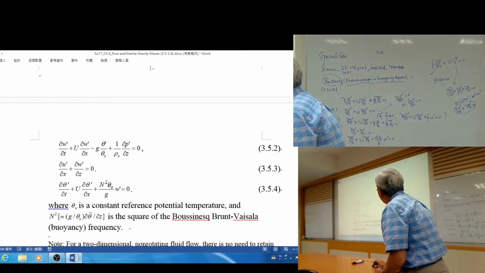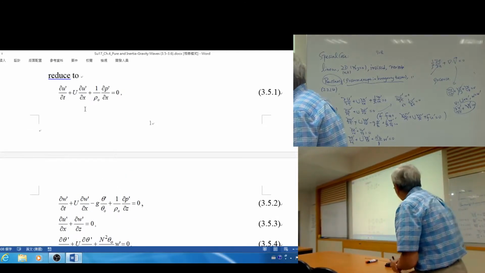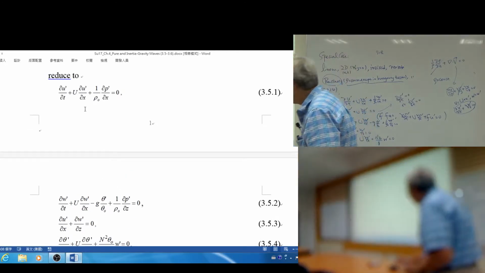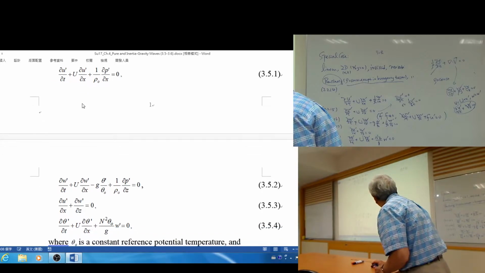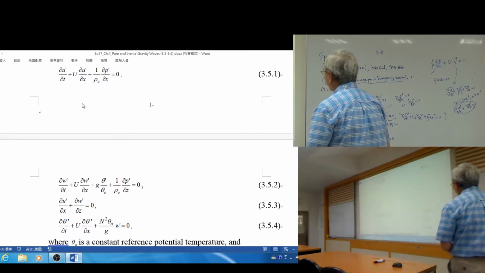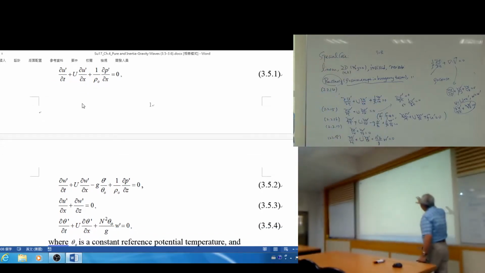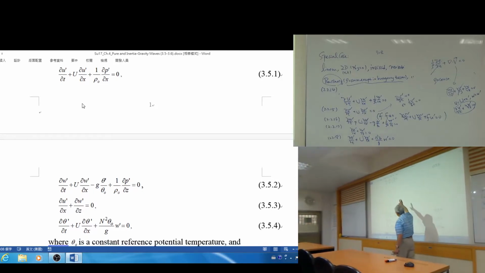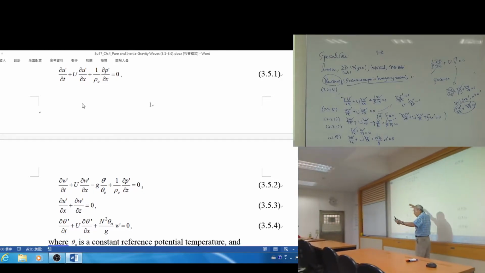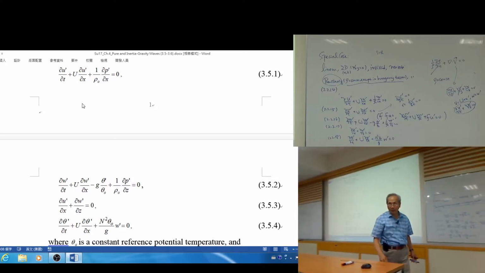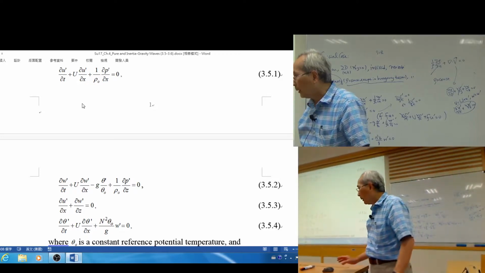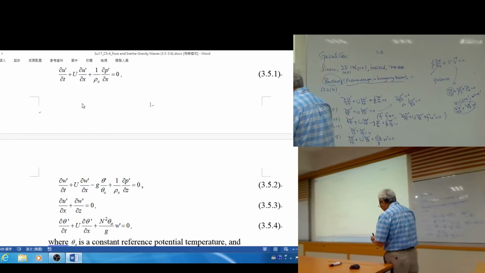So now we have a set of 4 equations, 3.5.1 to 3.5.4. These equations can also be combined into one governing equation for w prime. It's just tradition.